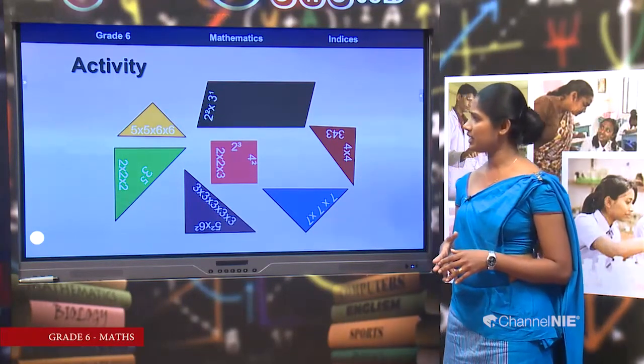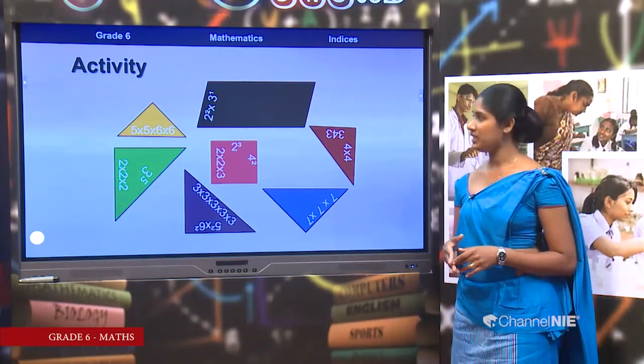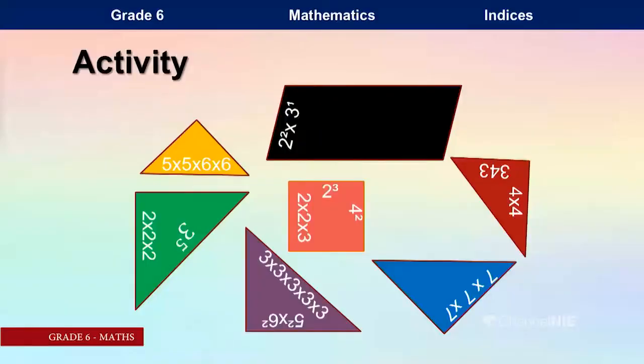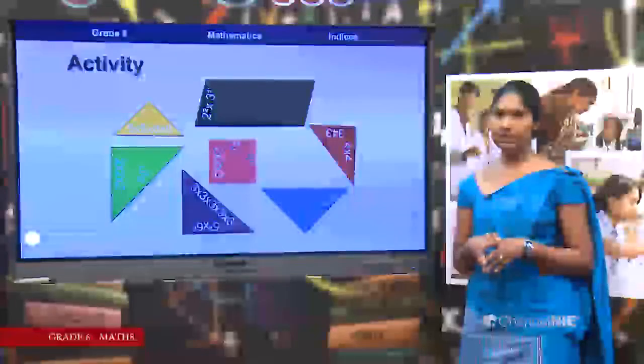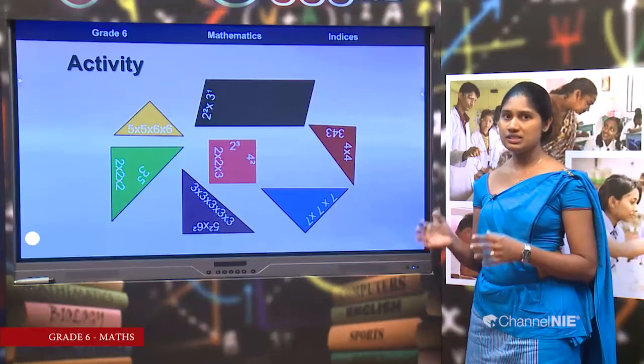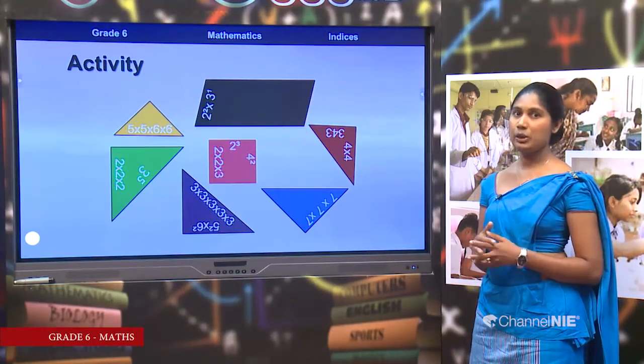Here you can see some triangles, a parallelogram and a square, and they consist of products, index notations and other numbers. Then we have to connect each side to make a completed figure. So, this is called a Tarsia puzzle. Then we are going to make a figure. So, this is the way we are going to make this puzzle.